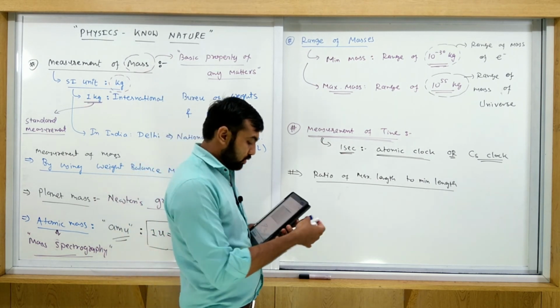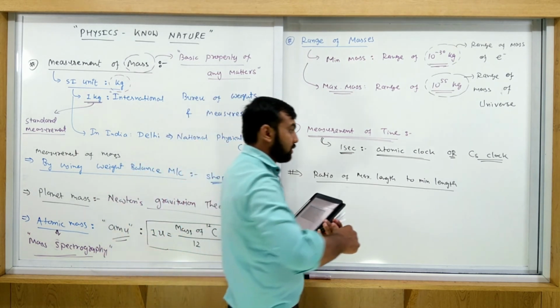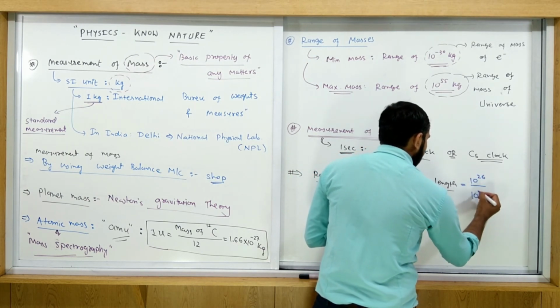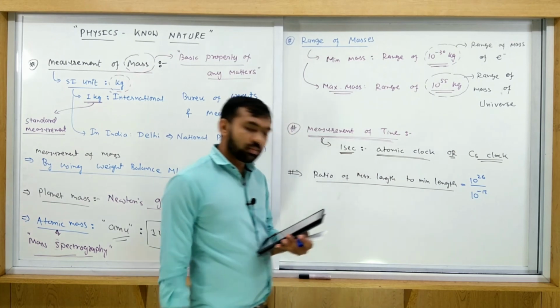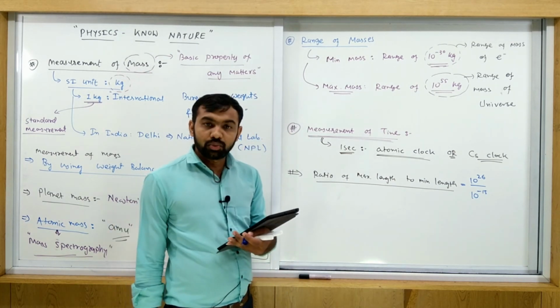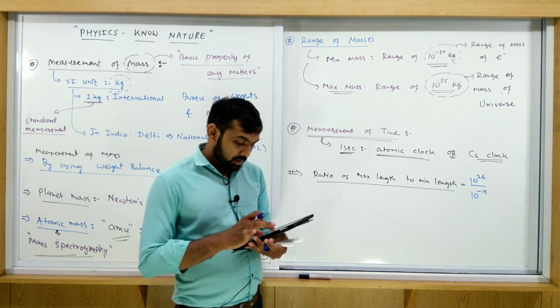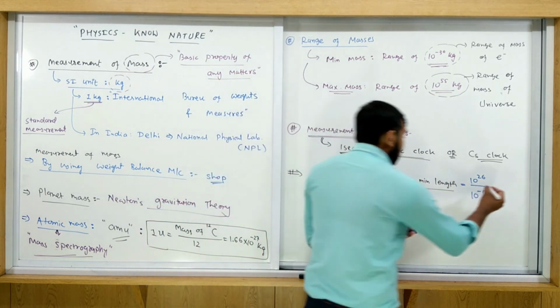The answer is 10 raised to 26 upon 10 raised to minus 15. It is given in the textbook, Table 2.3, page number 21. So you get the answer 10 raised to 41.